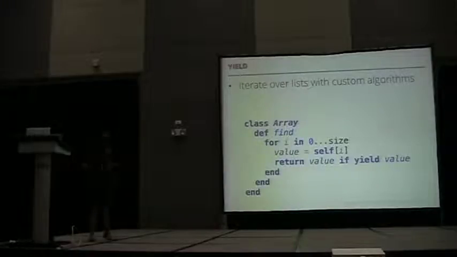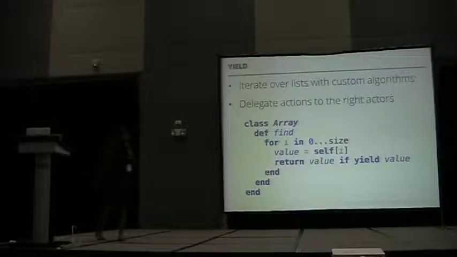Given an array, you want to find something. Here, your array class now does what it does best, which is just iterating over its own elements, and the responsibility for doing whatever you're expecting it to do, or figuring out what you need to find, the actual implementation, is now delegated back to your application code. So it lets you delegate the right actions to the right actors. So that's another example of metaprogramming that Ruby lets you do.